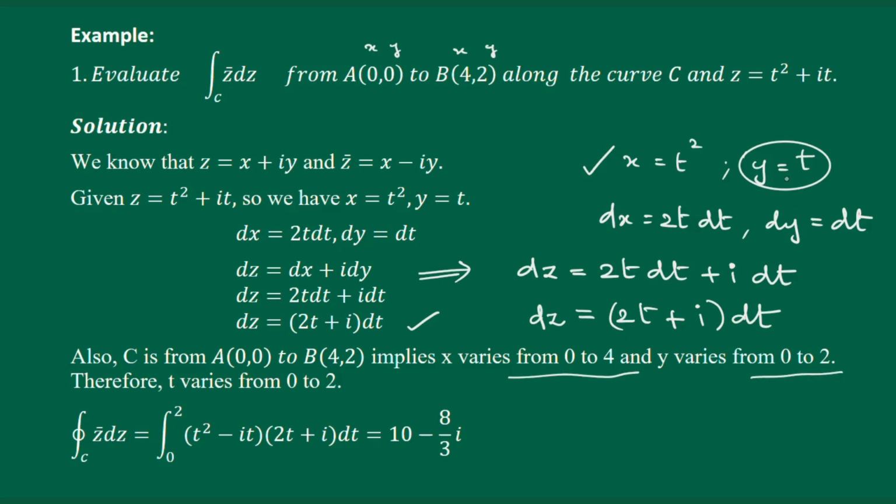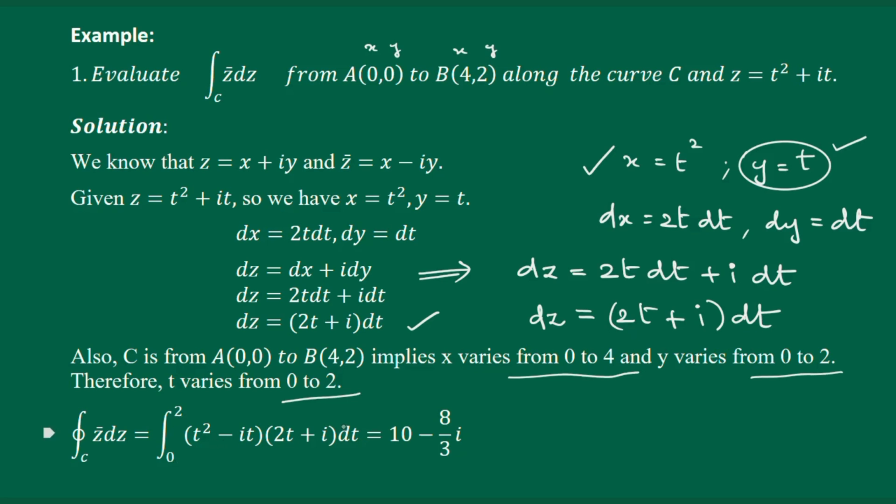Since y is equivalent to t, we can conclude that t also varies from 0 to 2. That is the reason we have taken the integral from 0 to 2. Since we have everything in terms of t, the limit should vary only for the variable t, so we take the lower limit as 0 and the upper limit as 2.